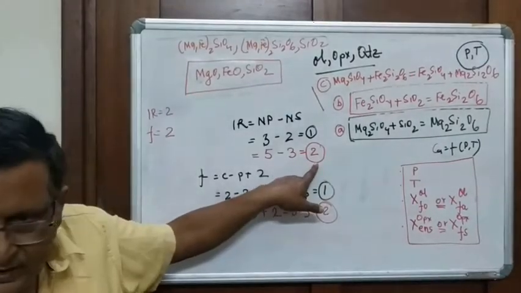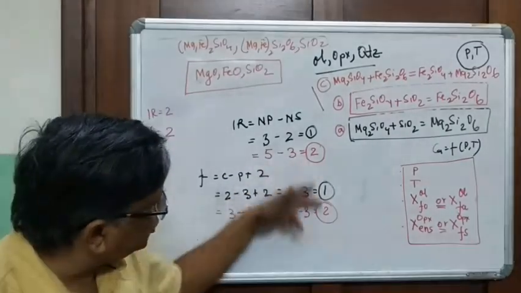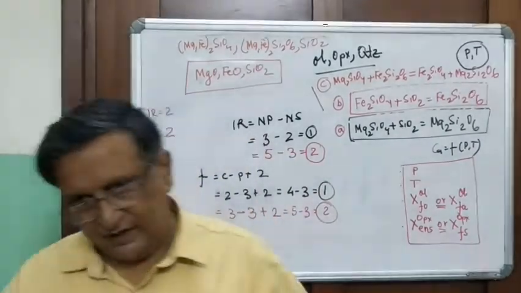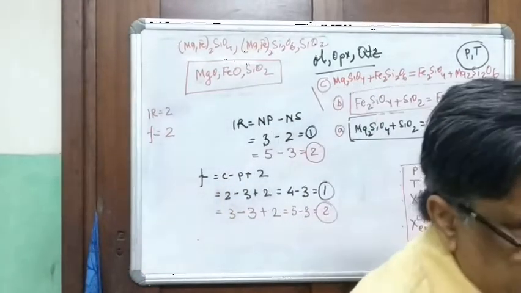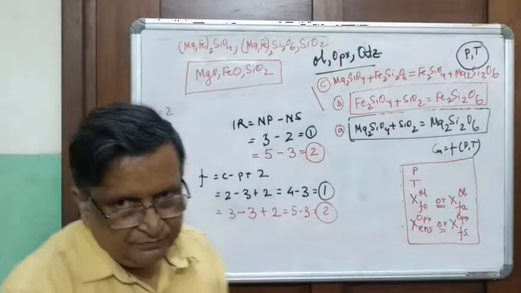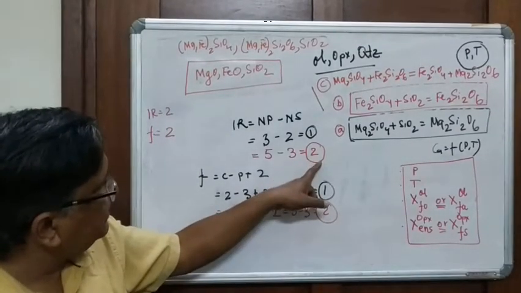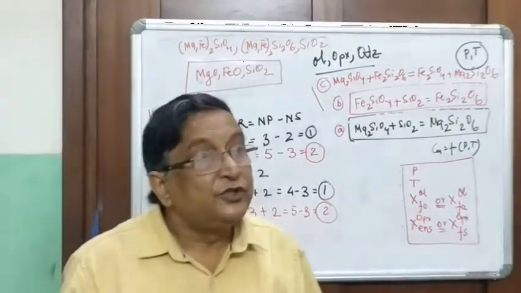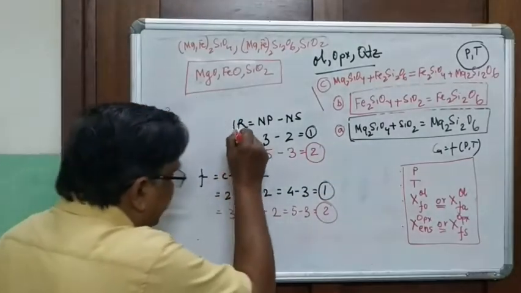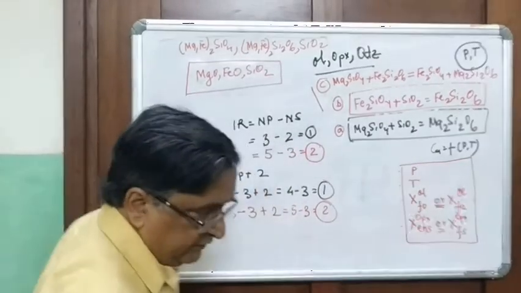Independent reactions tells you you have 2 reactions. 2 plus 2, 4. That is the number of metamorphic variables. So that is the link between Gibbs phase rule, independent reactions and metamorphic variables. Essentially, independent reactions plus Gibbs phase rule is equal to the number of metamorphic variables.